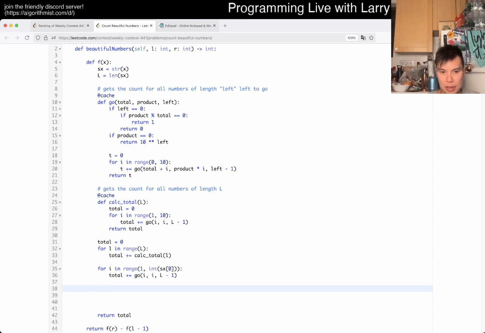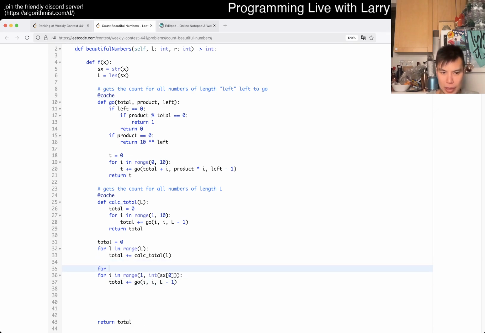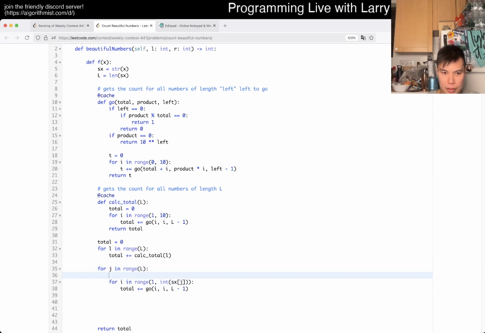Otherwise, we go to the next digit. So I think there's like a for j in range from L here. We go to j. So the prefix is equal to 0, but the prefix product is going to be 1.